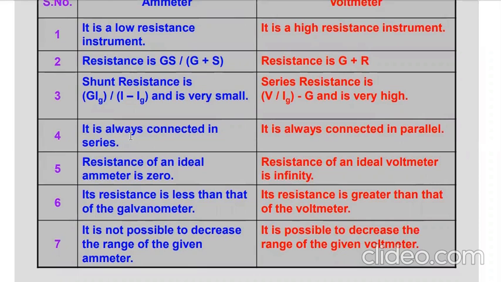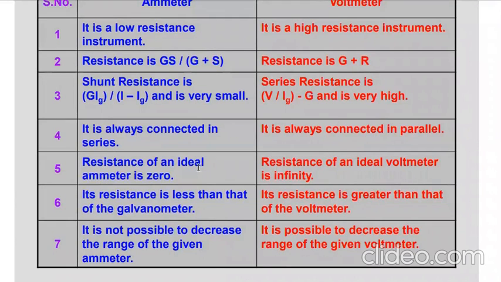One thing you have to remember: an ammeter is always connected in series with the circuit, such that it can measure the current. But a voltmeter is always connected in parallel with the circuit or section of the circuit where it can measure the voltage.